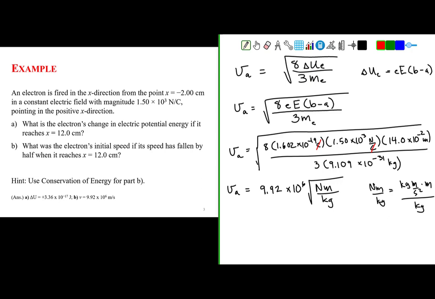The kilograms cancel. So when we evaluate all of this, I see I have a meter squared per second squared under a square root. The units end up being a meter per second. So we can write that the initial speed, or the speed at point A of that electron, is 9.92 times 10 to the 6th meters per second.